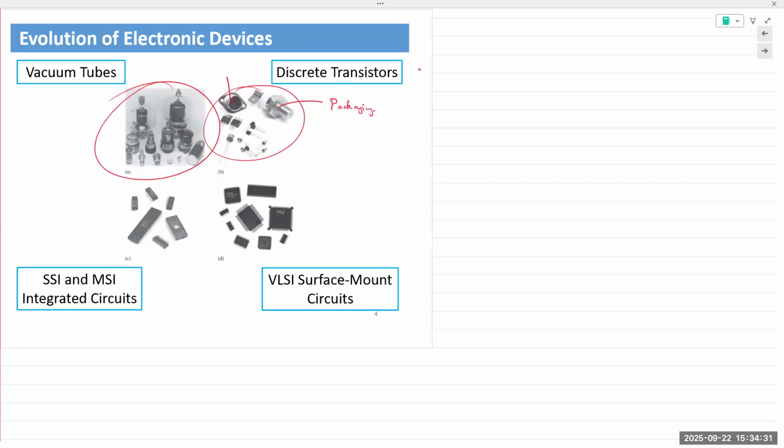All right, from discrete transistors, we went and created the integrated circuit. Okay, and so first there was small scale integration, so it came to be known as SSI. And then came medium scale integration, MSI. And then finally, it went to large scale integration, LSI.